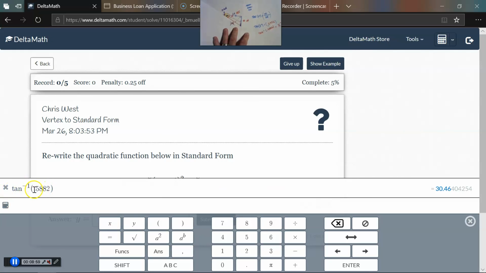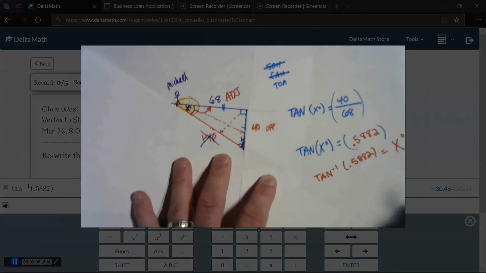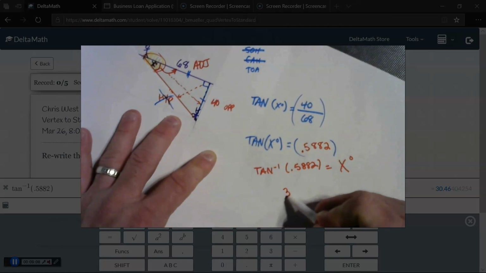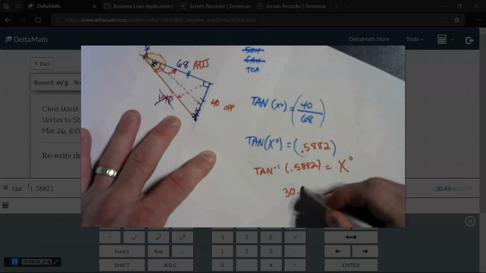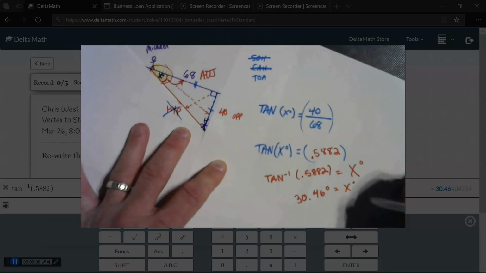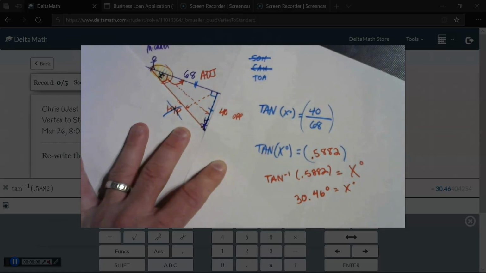What angle has a tangent of 0.5882? Well, the angle 30.46 does. So I go back to my work here, and I know that 30.46 degrees equals x. That is my angle of depression.